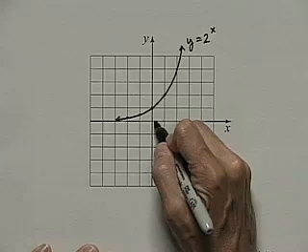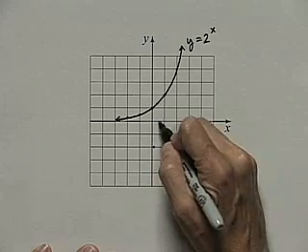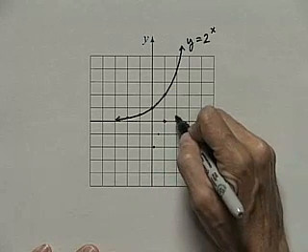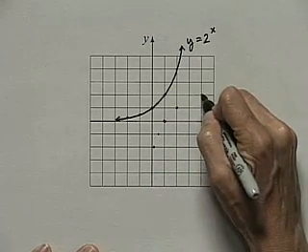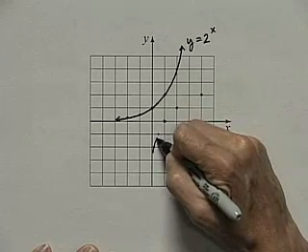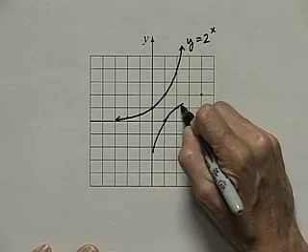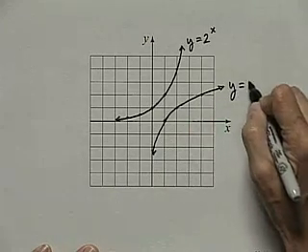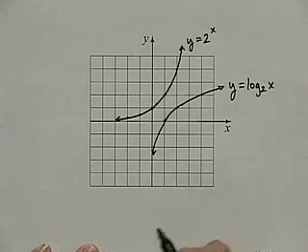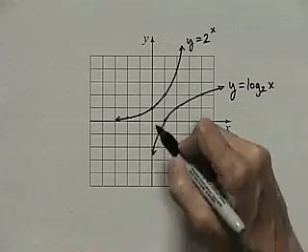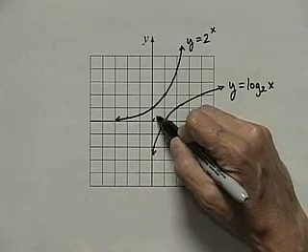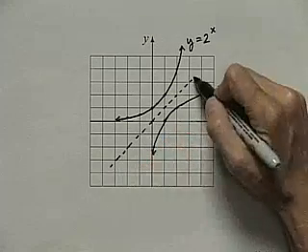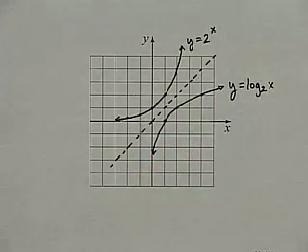It contained 0.25, negative 2; 0.5, negative 1; 1, 0; 2, 1; 4, 2. And if I connect those points with a smooth curve, I get the graph of the inverse of the original, which is log base 2 of x. Notice that the graphs look like pairs of inverses in that they look like reflections about the line y equals x.